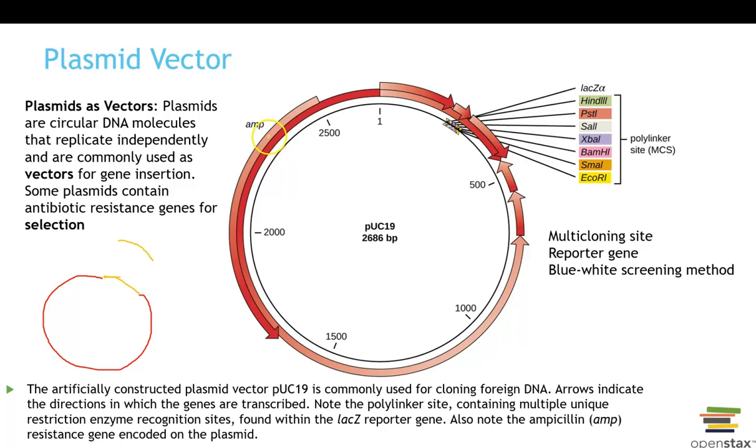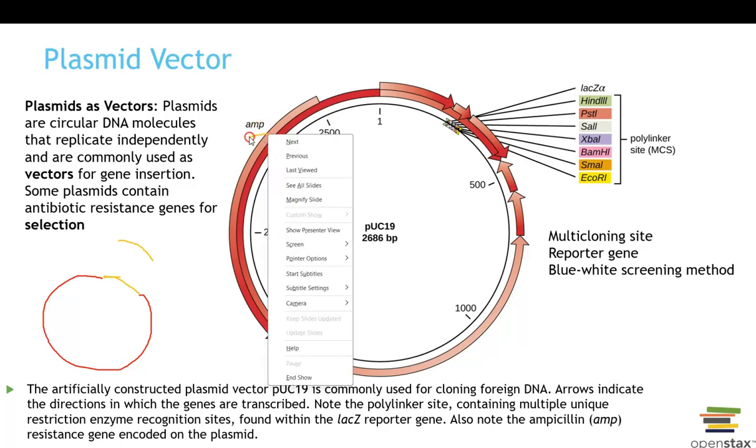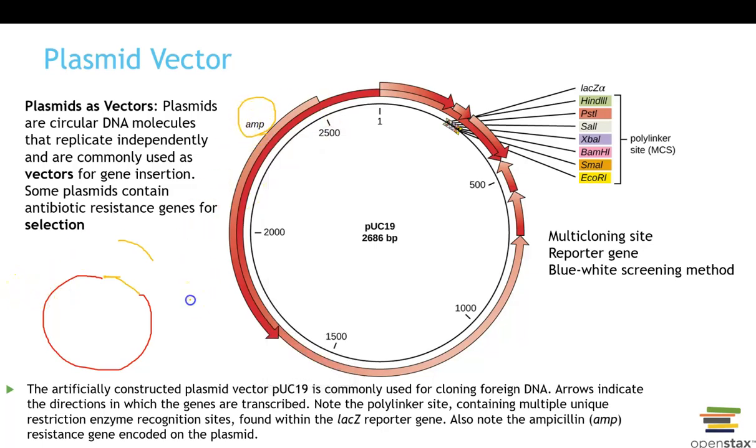So one way to see if the bacteria could get the plasmid is by putting the antibiotic resistance gene, in this case ampicillin, in the plasmid. So imagine now this is the plasmid. Now we transform it into the bacteria.